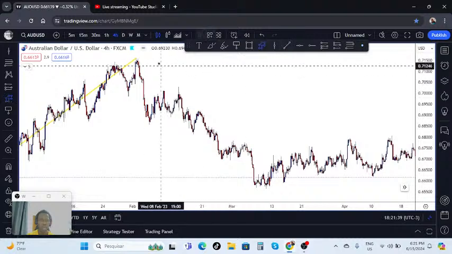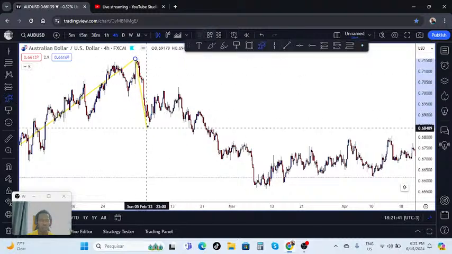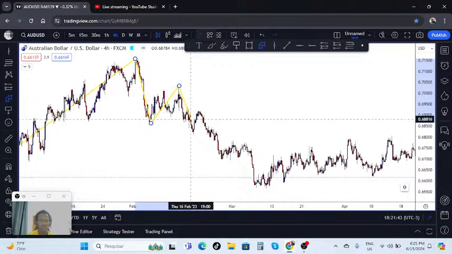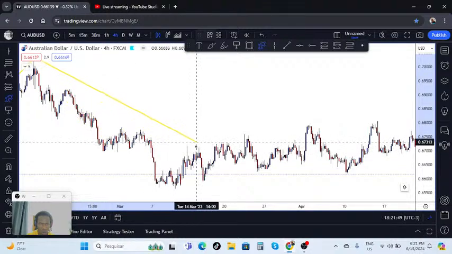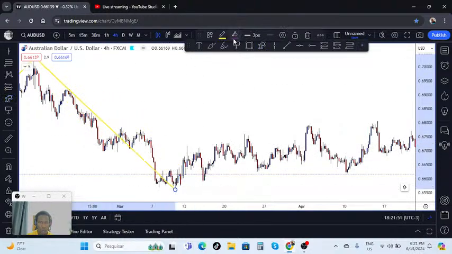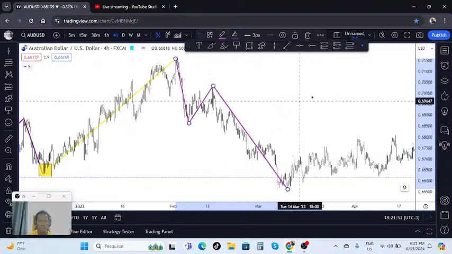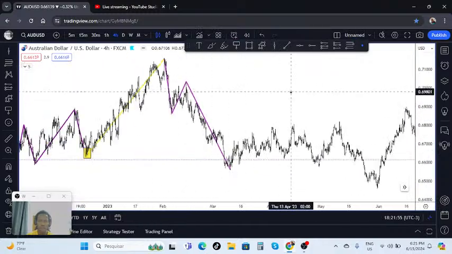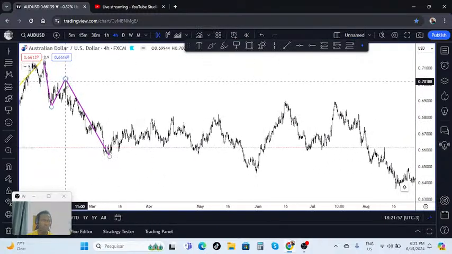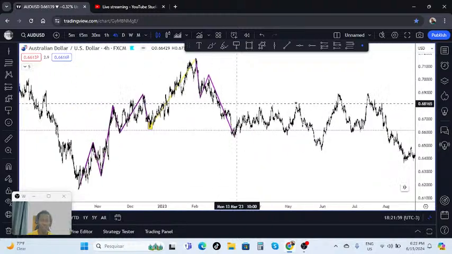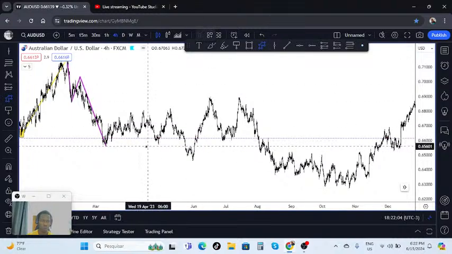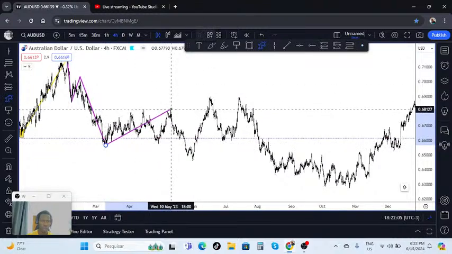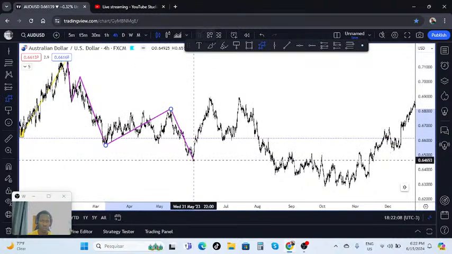So we have market structure, extension here, we have a retracement, we have a short-term uptrend here. No, and the market came down to this level. So the market did not break this high. What happened? The market continued to the downside, so we're going to go all the way by extension, retracement.